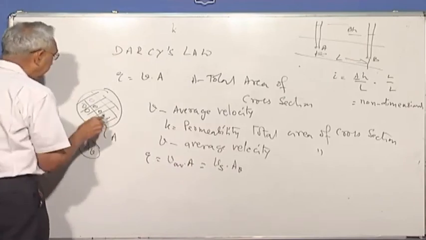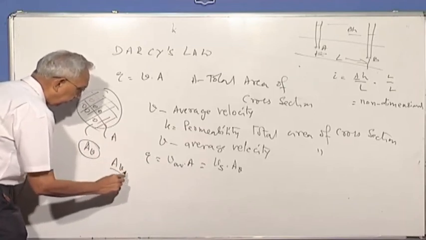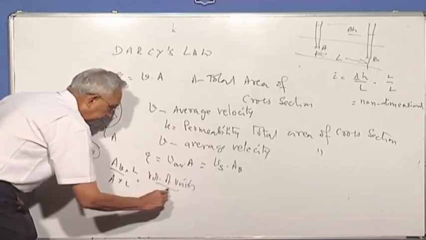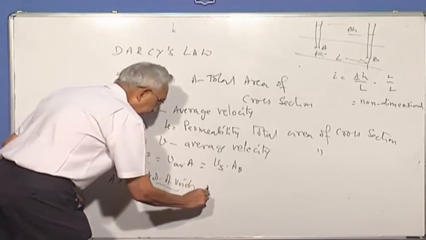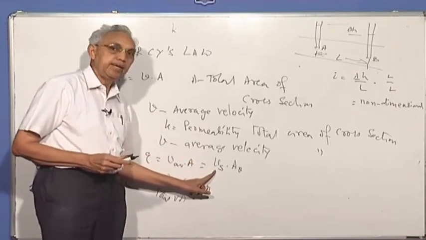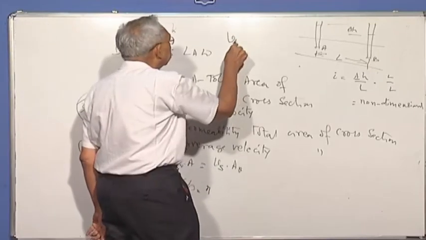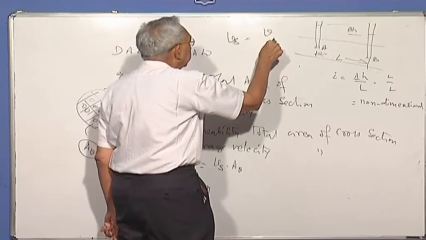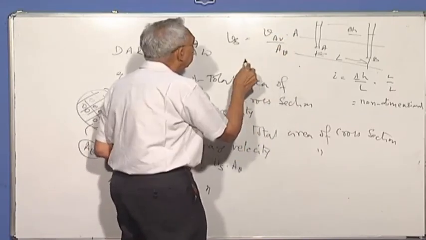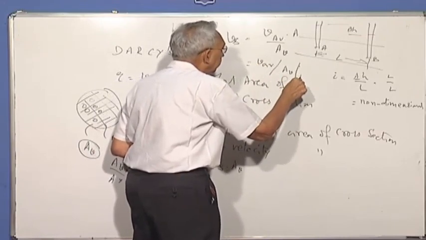That means if I have area of voids by total area per unit length, this will be volume of voids by total volume, and of course we define it with porosity n. Now you realize that the actual velocity can be higher than the average velocity because Vs is equal to V average into A by area of voids. So V average divided by area of voids by total area.